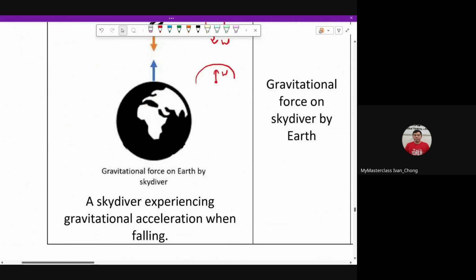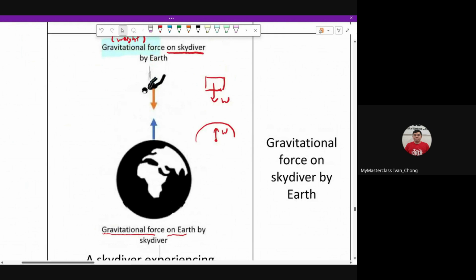Okay, so you can see over here, same thing, you also have weights, but now it is on the Earth. So basically, even though the Earth is pulling us down, we as humans, as any kind of object with mass, we are actually pulling the Earth up as well. Okay, because of action reaction force.